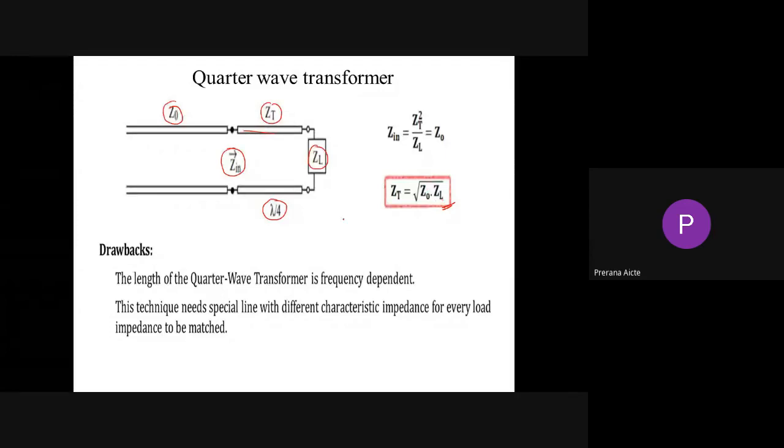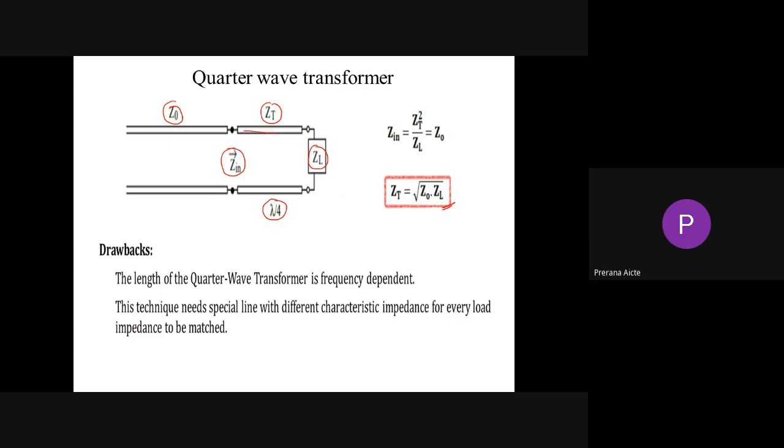Now, the drawback of this quarter wave transformer is that the length of the quarter wave transformer is frequency dependent. That is the drawback.